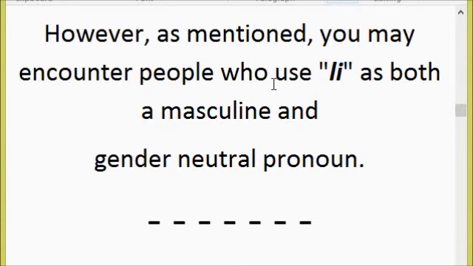And that way all pronouns can have their plural formed in the same way. And he is masculine, she is feminine, li is gender ambiguous, ji is gender neutral, as in it.